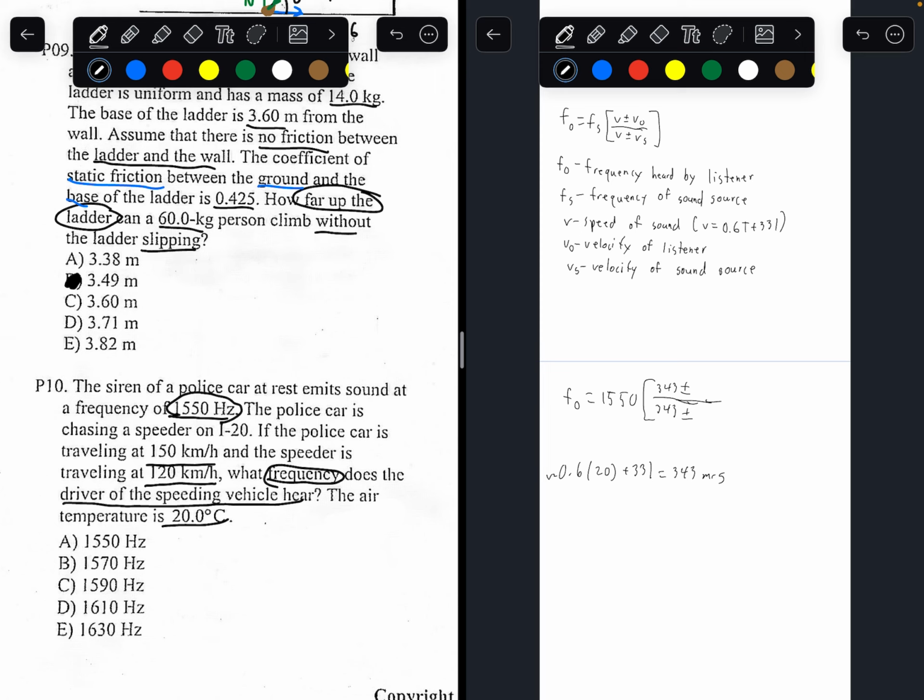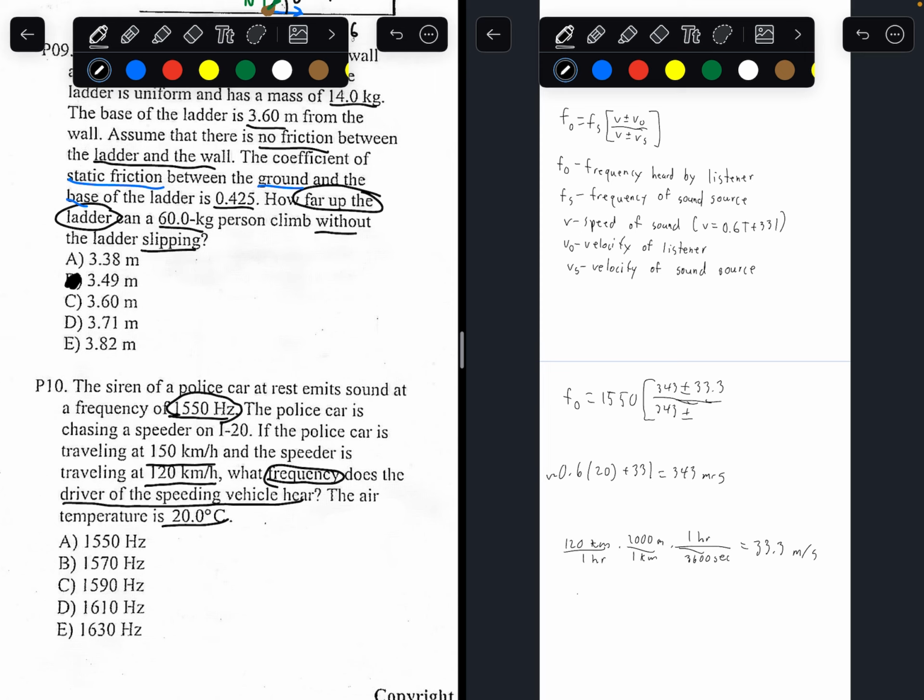Converting 120 kilometers per hour into meters per second: 1 kilometer is 1,000 meters, and 1 hour is 3,600 seconds. So 120 divided by 3.6, the speed of the speeder is going to be 33.3 meters per second.